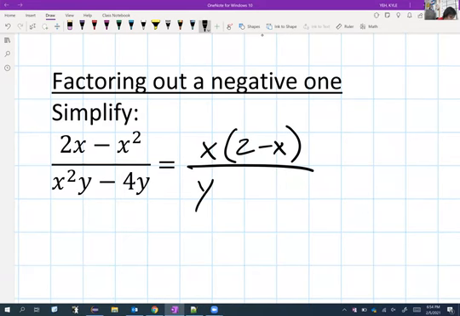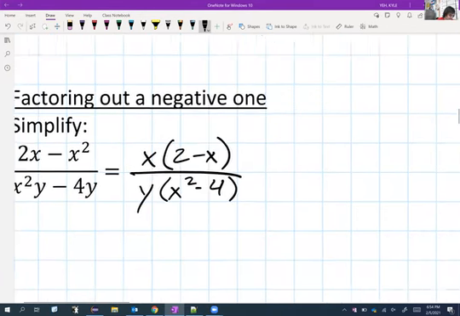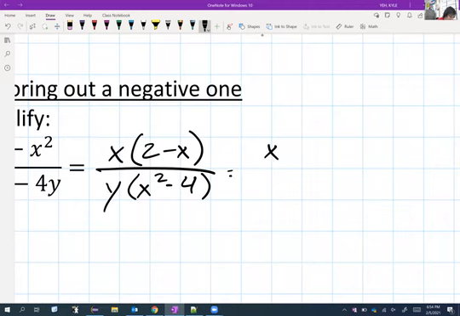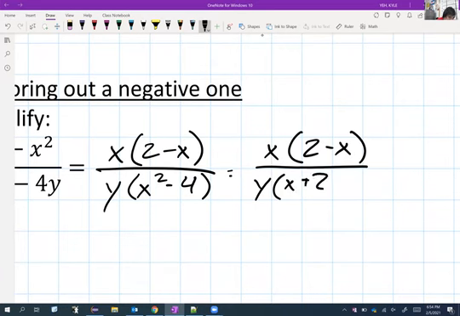So that's y times x squared minus 4. And then I might recognize, wait a second, x squared minus 4, that's a difference of 2 squares. So I can say x plus 2, x minus 2. Again, factoring, important.